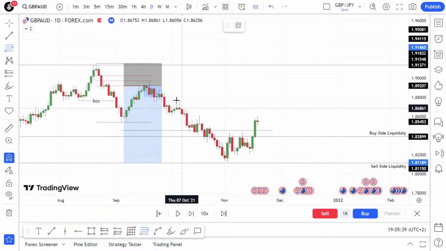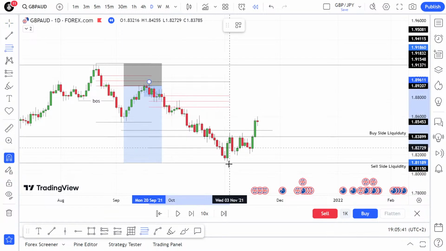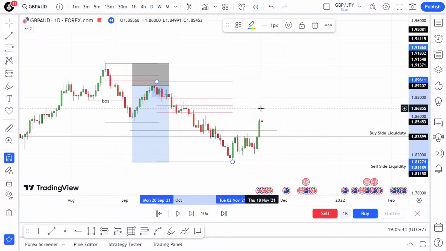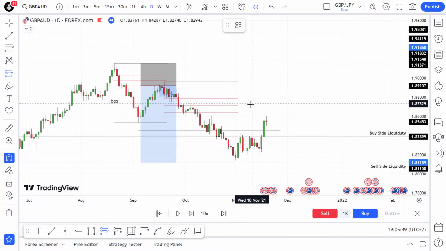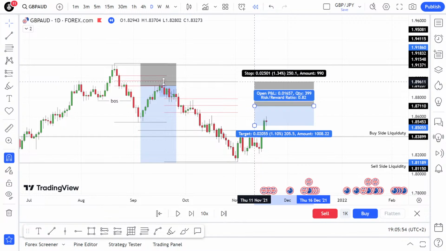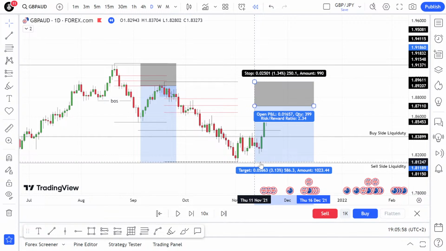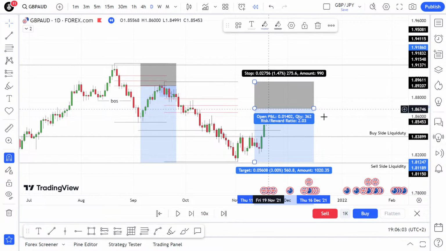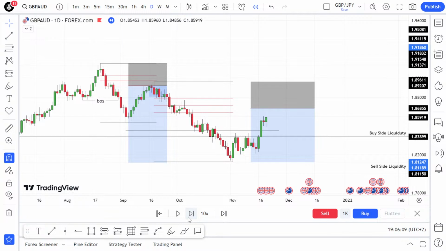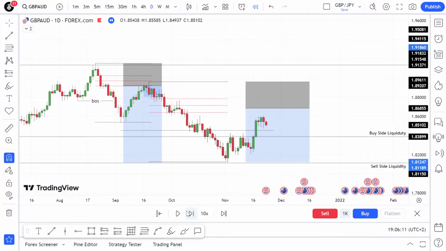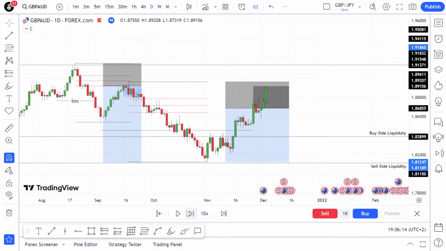So the trade would look something like this. If I wanted to enter, I would probably be willing, but because I would be a little bit hesitant, I could have a smaller risk here, just because of the strong bullishness.